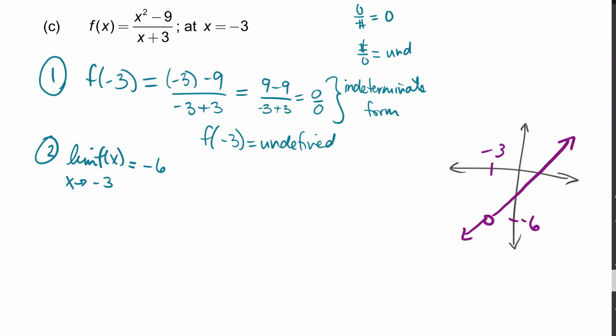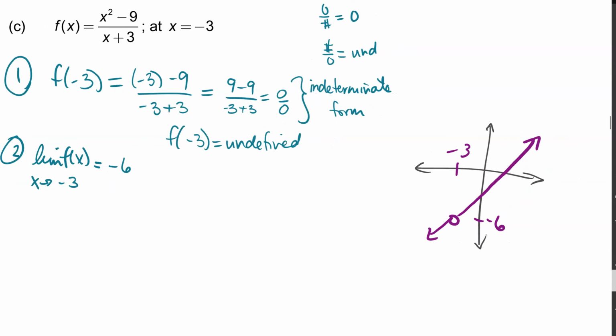It looks like it's just a line, but x can't equal that one number. So secretly, this is the way you deal with it. If I rewrite f of x in terms of factors, how do I factor the top, x squared minus 9? x plus 3, x minus 3, and the bottom is x plus 3. Oh my gosh, what's happening? It cancels.